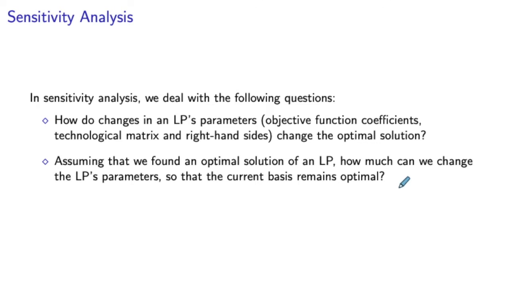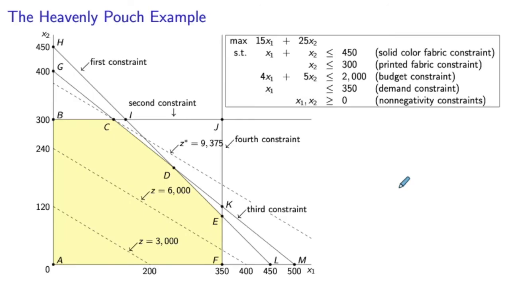In this video, we will illustrate the ideas of sensitivity analysis on two variable examples, which we can solve graphically. We will use the heavenly pouch example that we talked about previously. So this plot shows the feasible region for that example, and this is our model.